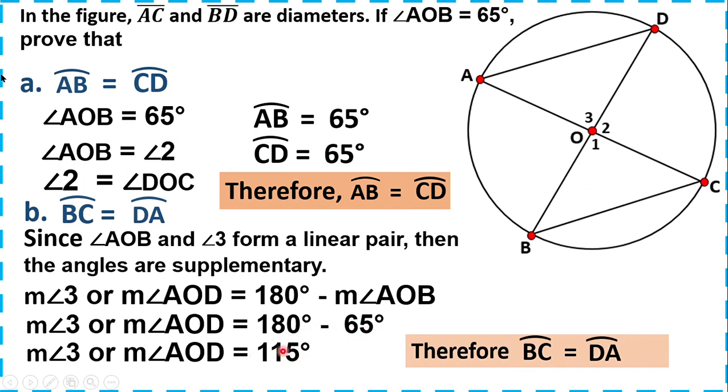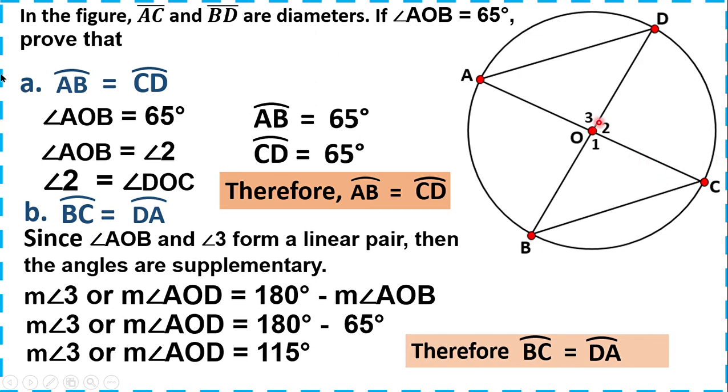If angle 3, or angle AOD, is 115 degrees, it means arc AD is 115 degrees, because it is a central angle, and the arc that intercepts a central angle has the same measure.